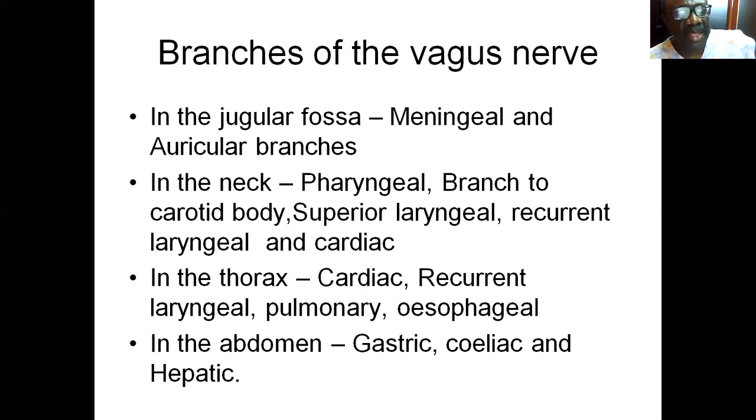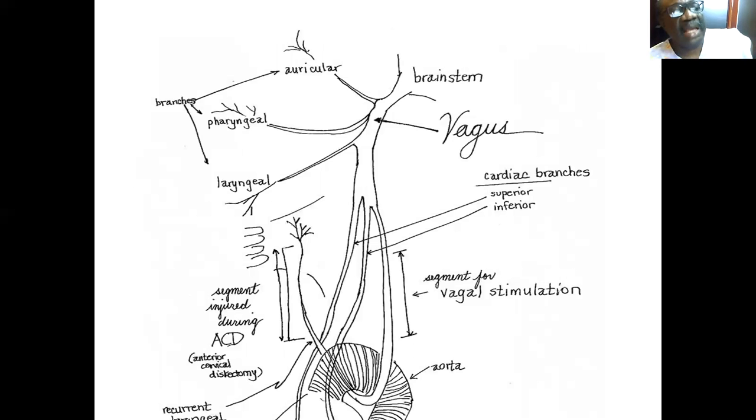In the abdomen, you have the gastric, the celiac, and the hepatic. So these are branches in the neck, and the branches in the thorax, and branches in the abdomen. And this is a schematic diagram of the distribution of the vagus nerve.